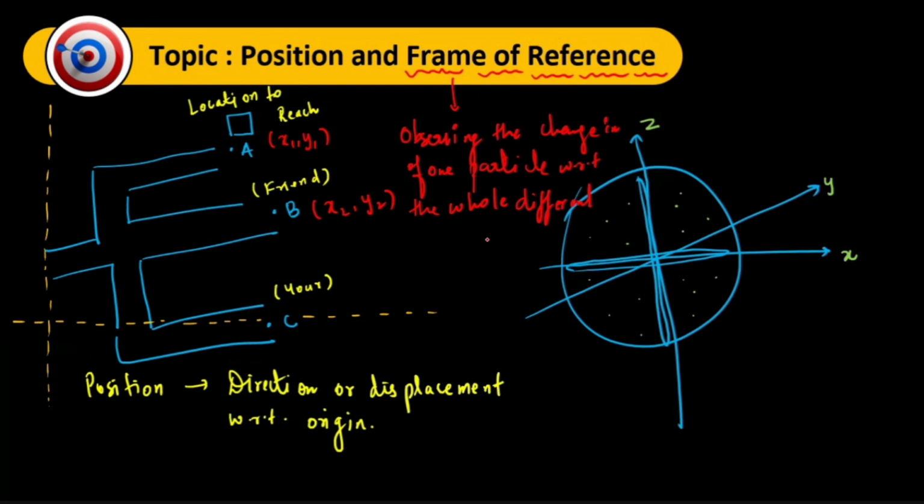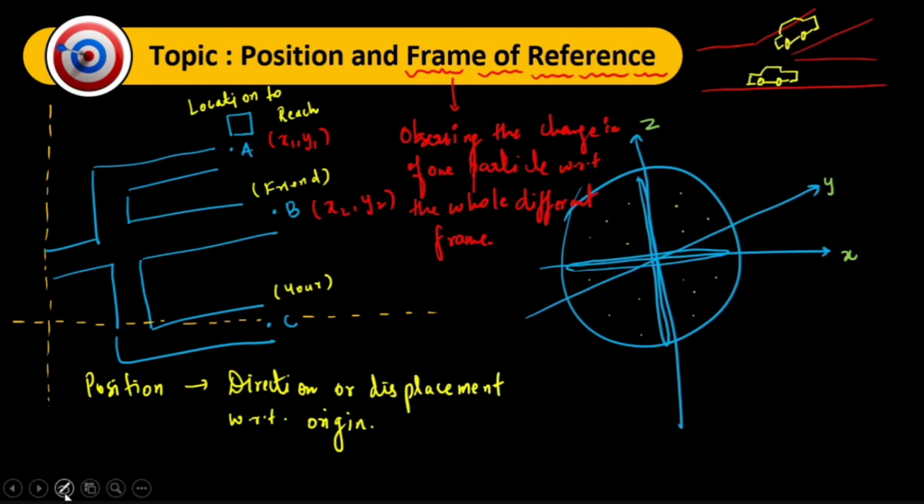Like, for example, suppose there are two lanes, somewhat like that, and two cars are moving in different directions in both the lanes.